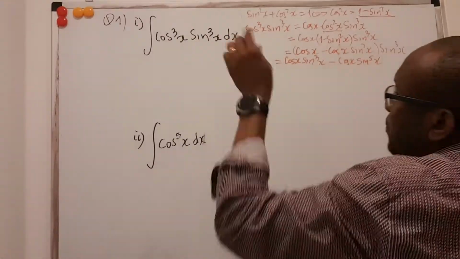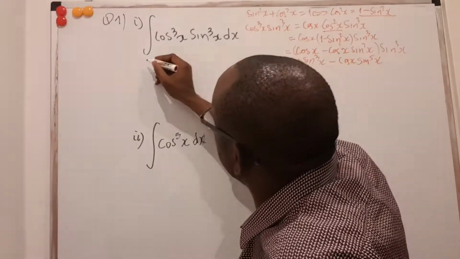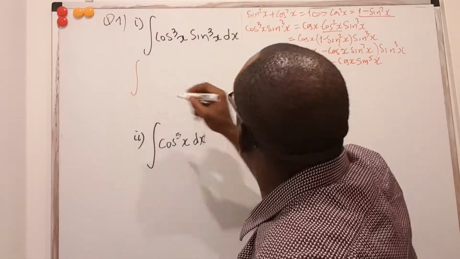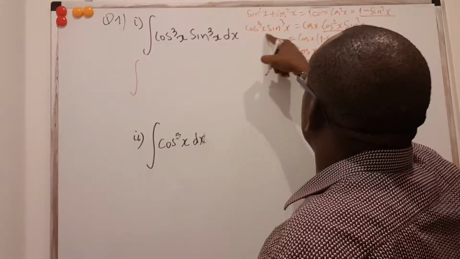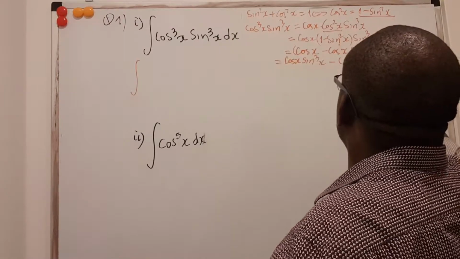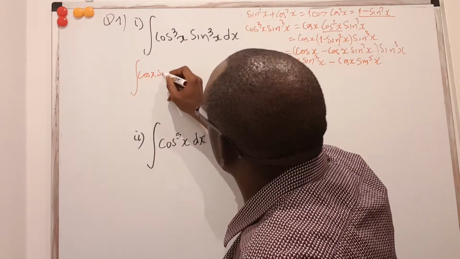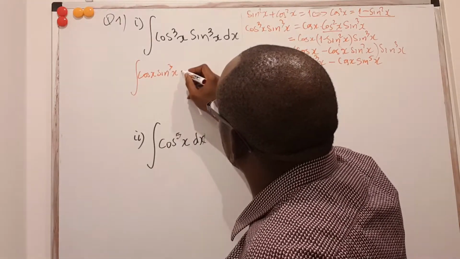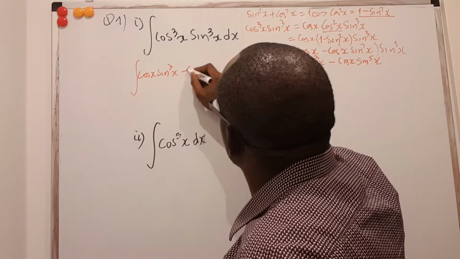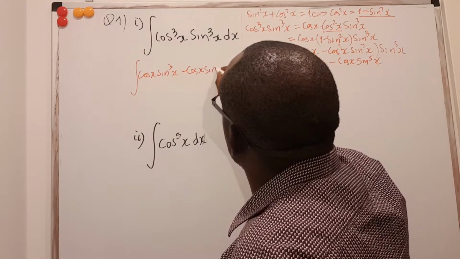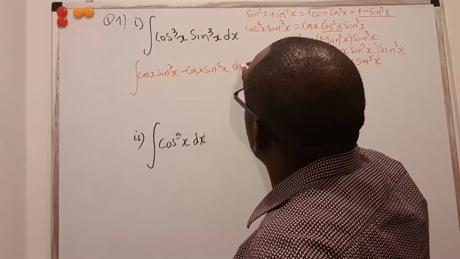I can take this and substitute in that integral. That means I can write this integral now as the integral of, I can replace this expression that we see on my left hand side with what I have on the right hand side, cos x sine cube x minus cos x sine to the power 5 x, dx.